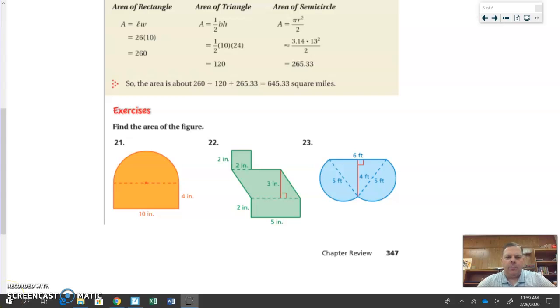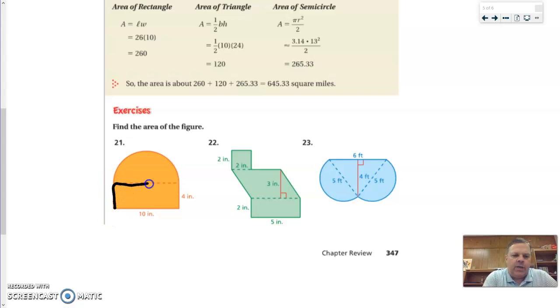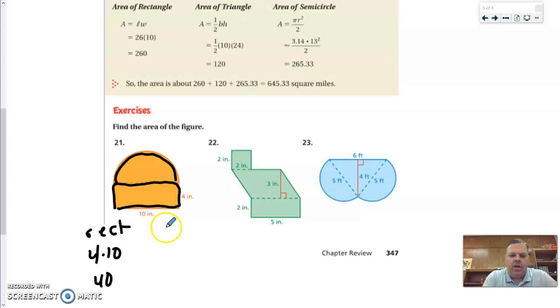In our final set of problems, we are going to find the area of the figures. In this first one, I see a rectangle and a semicircle. I know that the rectangle is going to be 4 times 10, which is 40. I know that the area of the circle will be pi times 5 squared.